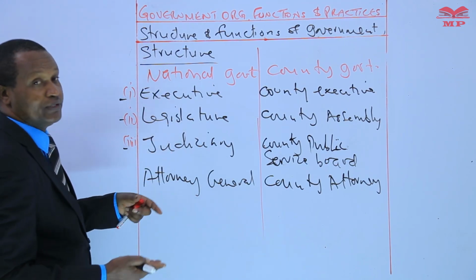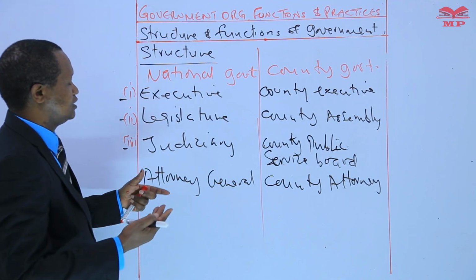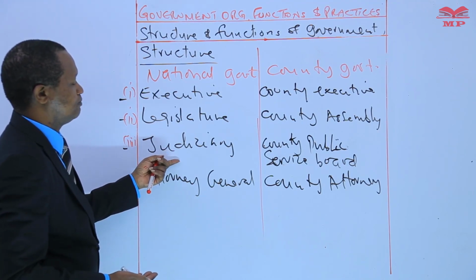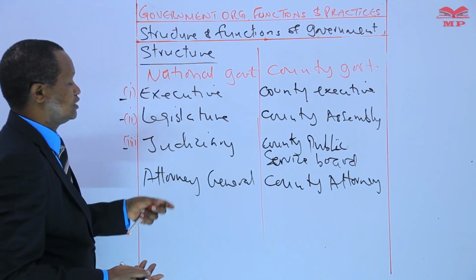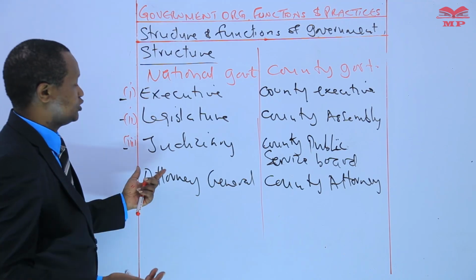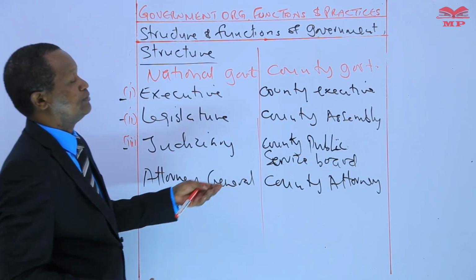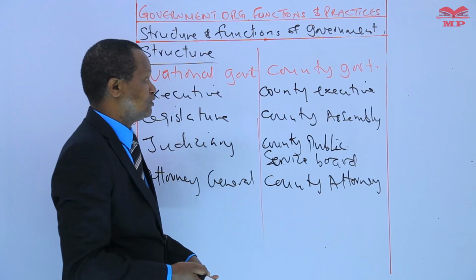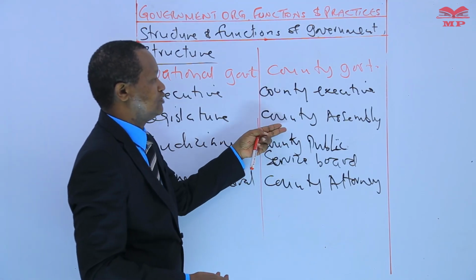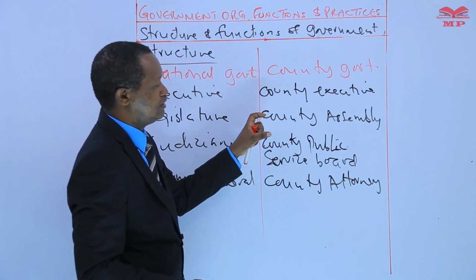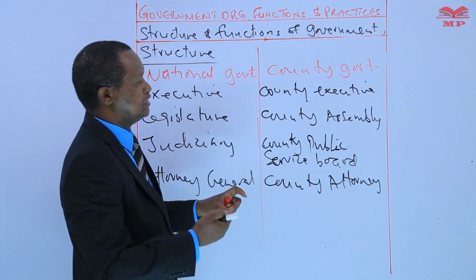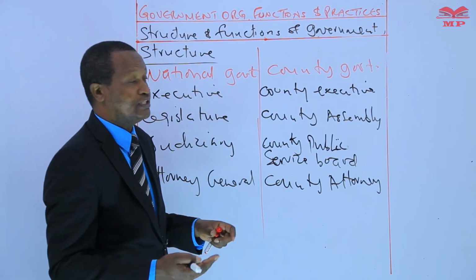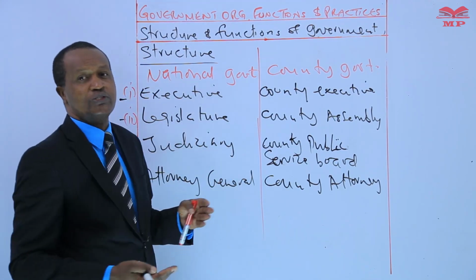The judiciary has many courts: the Supreme Court, the Court of Appeal, the High Court, the subsidiary courts, and also other tribunals. The same applies at the county government level, where we have the county executive and the county assembly. Within these institutions, there are departments. We also may have agencies within the national government and so on.